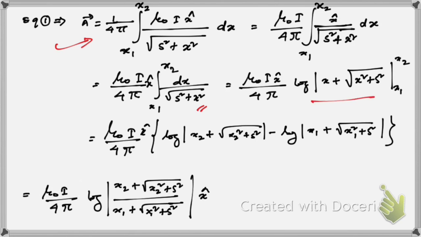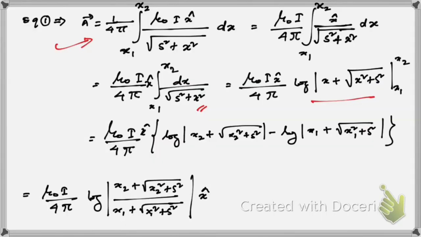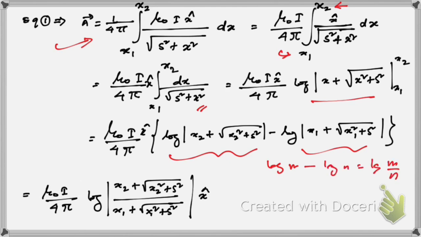Now here we have to integrate from x1 to x2 because this is the initial point, one end of the wire, and this is the other end, right? So we are integrating it from x1 to x2. If you put the limits, you will get this. Now if you use the property of log, that log m minus log n is equal to log m divided by n, then you will get this result.